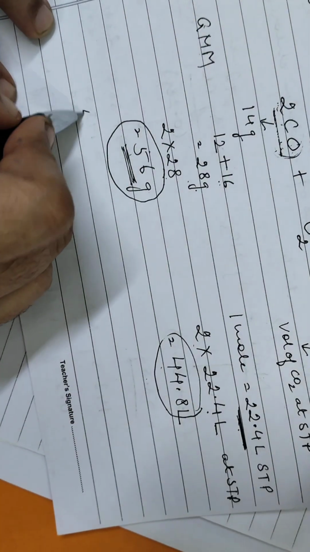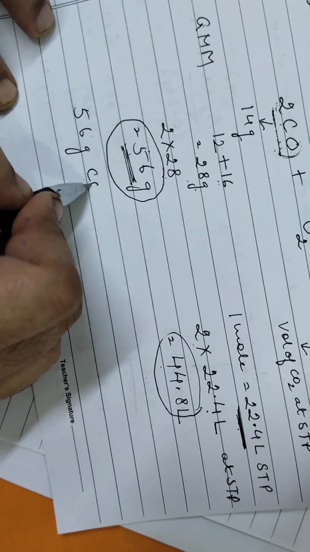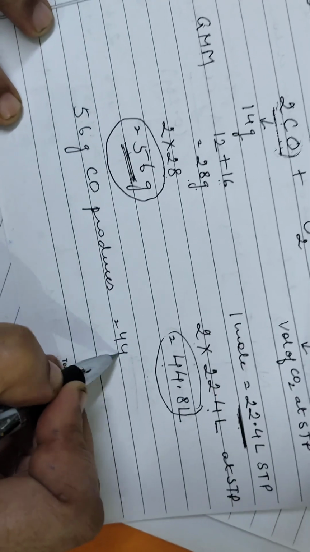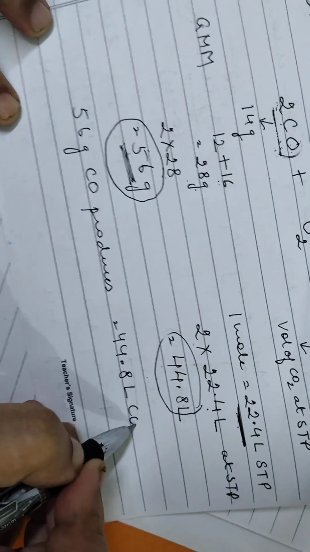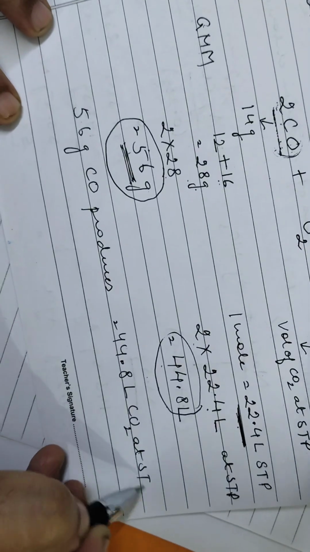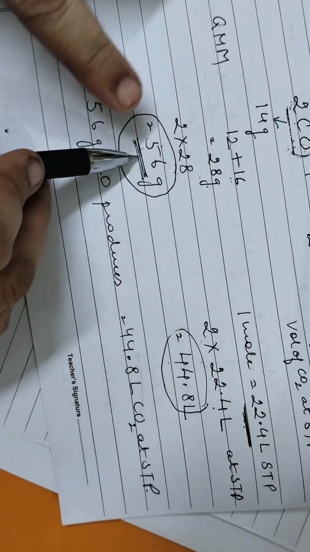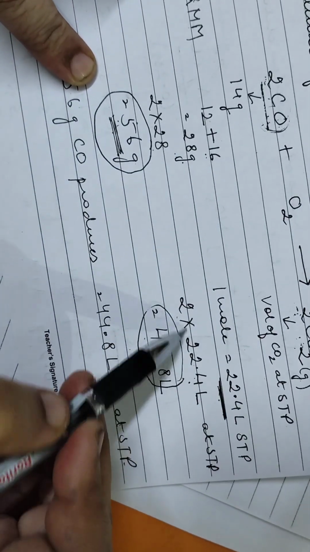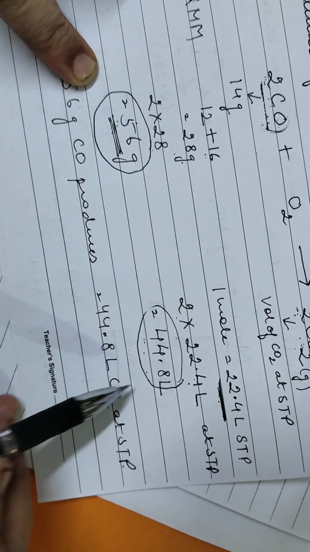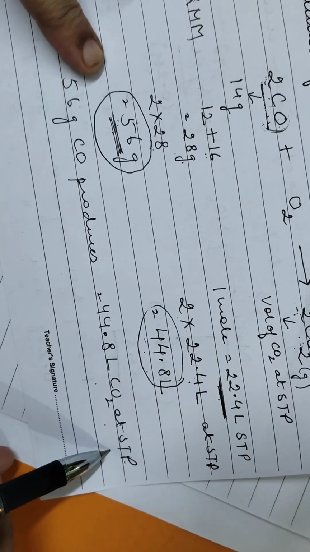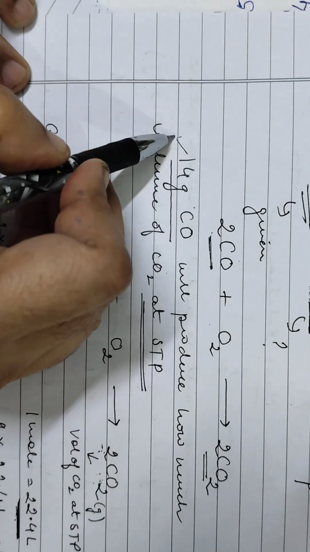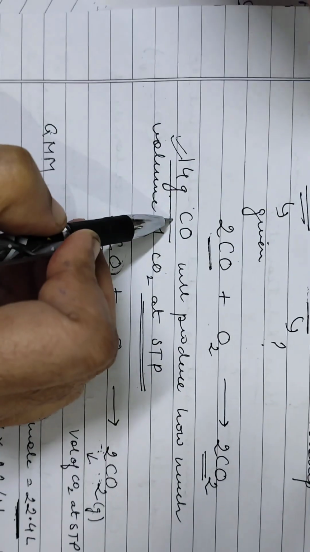Now 56 gram of carbon monoxide produces 44.8 liter of carbon dioxide at STP, isn't it? 56 gram of CO is producing 22.4 into 2, that is 44.8 liter of carbon dioxide at STP. So you are asked for 14 gram. This is given to you in the question.